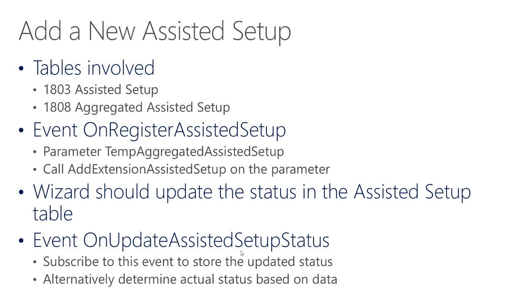So it uses the discovery design pattern to add the assisted setup to the list. When you open the assisted setup, there's a trigger that triggers the logic that adds that assisted setup to the list. Then based on the logic that you give it, it'll put the status in the right value.